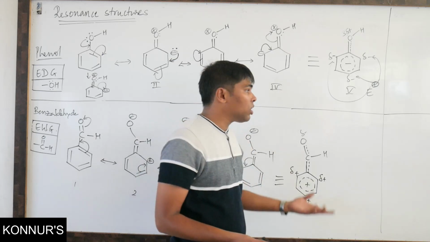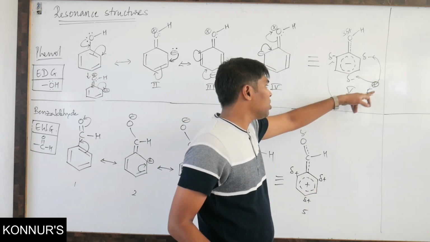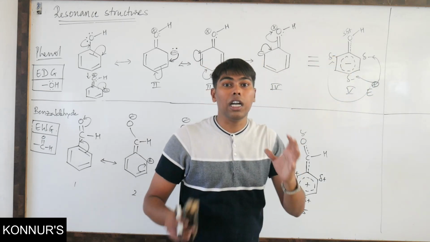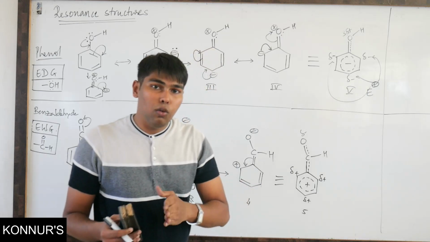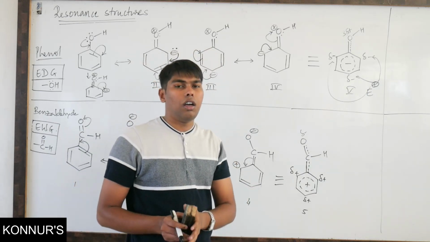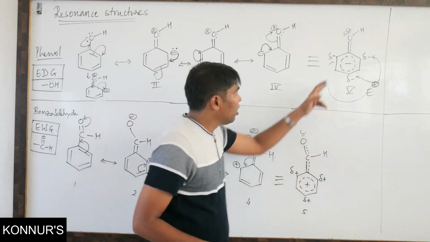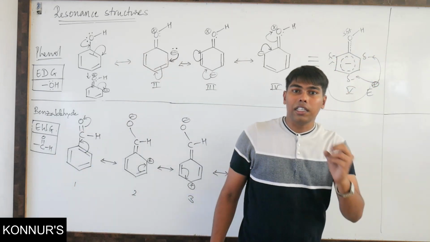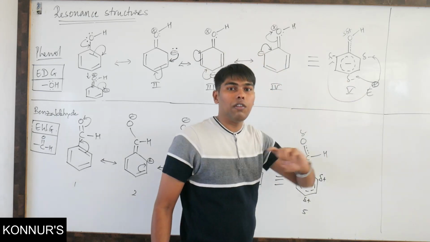In strong substitution, what happens? There is a substitution at this position also, and this position also. So it becomes a tri-substitution in strong electrophilic substitution. You know all those examples for the tri-substitution. If only one substitution occurs, two ortho positions are considered as equivalent positions, and only one product formation takes place, and this opposite position will be one product.